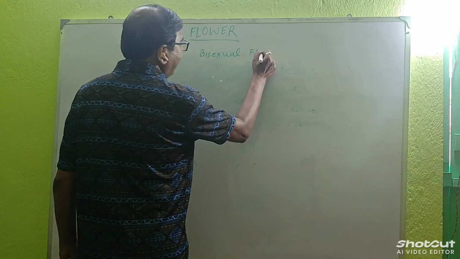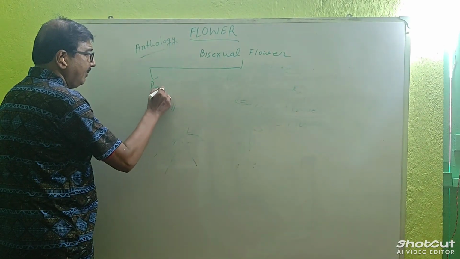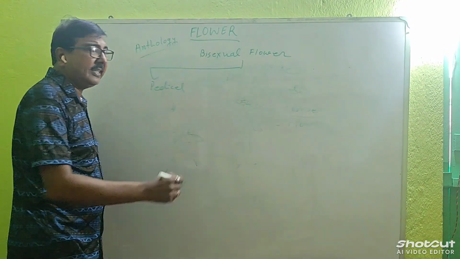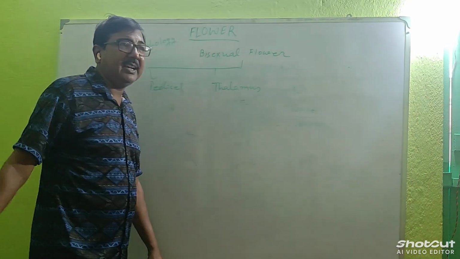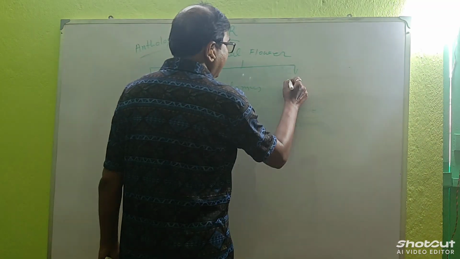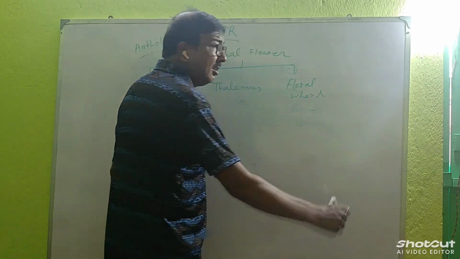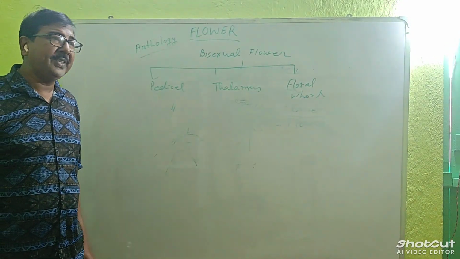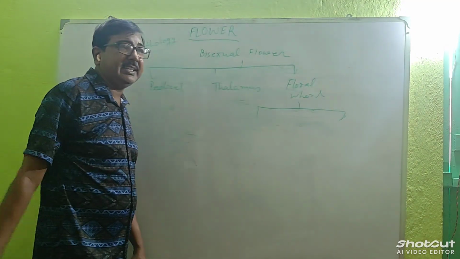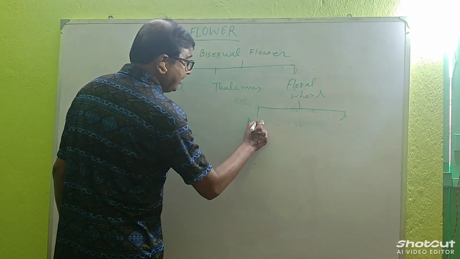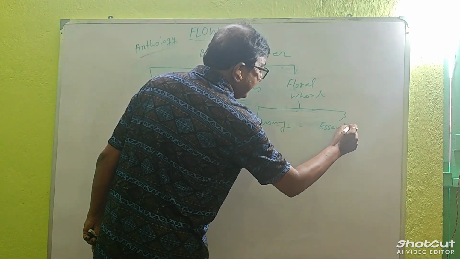In a bisexual flower, what are the main parts present? First is the pedicel, second is the thalamus, and third is the floral whorl. In the floral whorl there are two parts: the accessory part and the essential part.